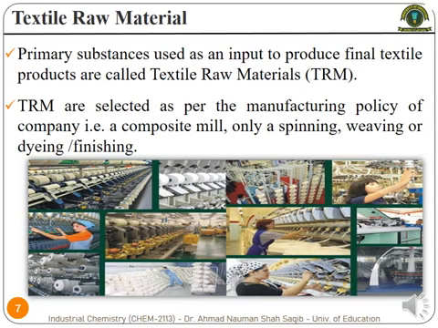Textile raw materials are selected as per the manufacturing policy of the company. For example, if you are making some kind of bedsheet, the raw material used can be different in different companies, in different industries, and in different countries. For example, if you talk about Vietnam, which is the 7th largest exporter of textile products worldwide, what is the most famous cloth of Vietnam?